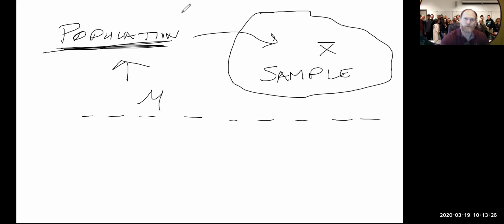Another example of this is in production. If we're supposed to produce, like I talked about in the video, bottles that are 500 milliliters, and we sample here and we find out that it's not, that's where the probability comes into play.